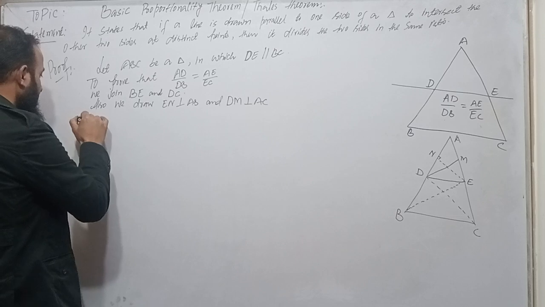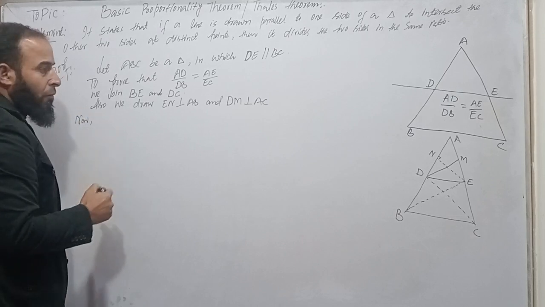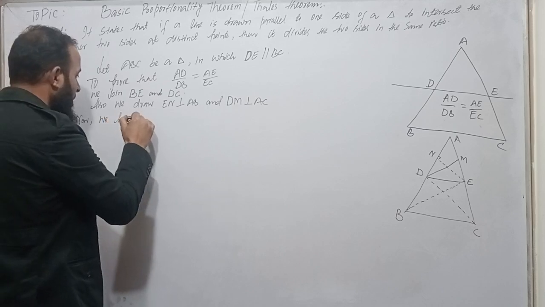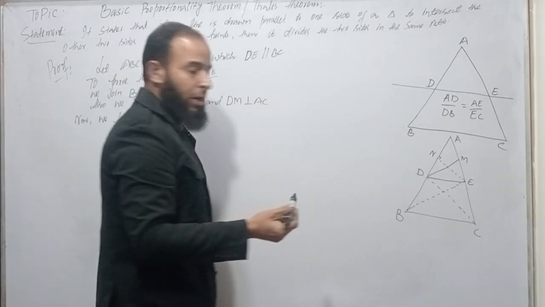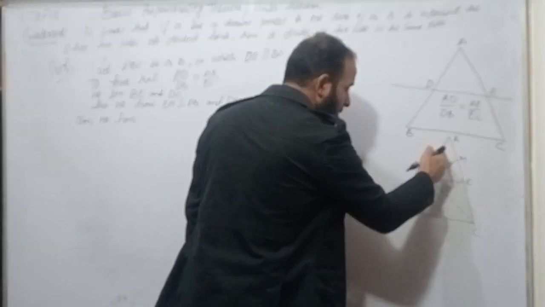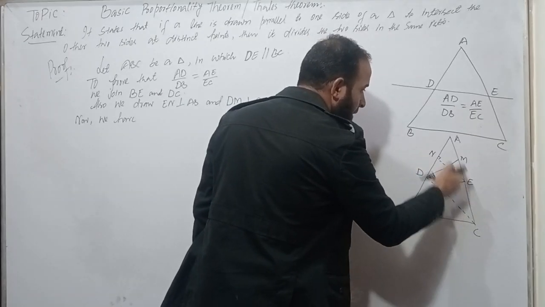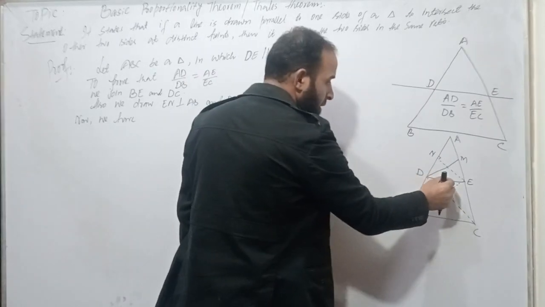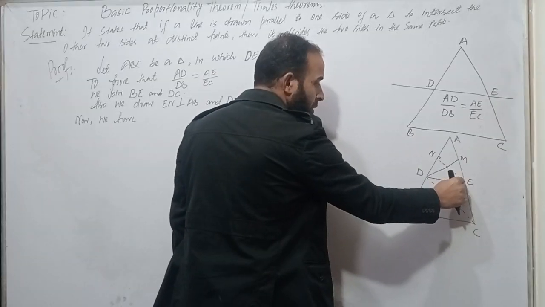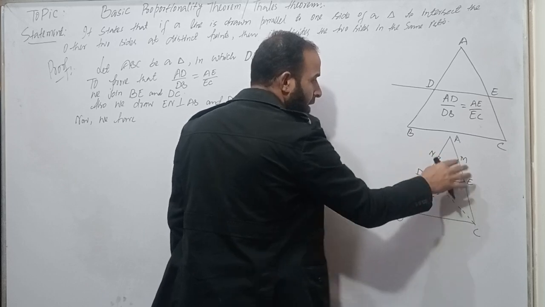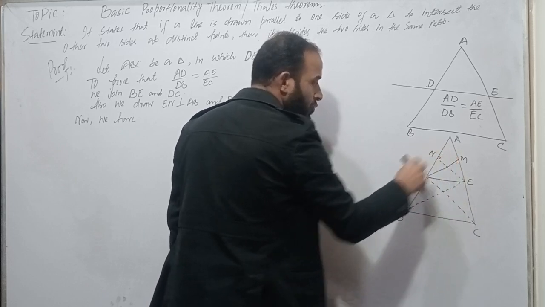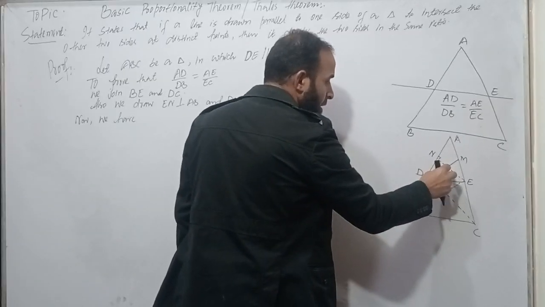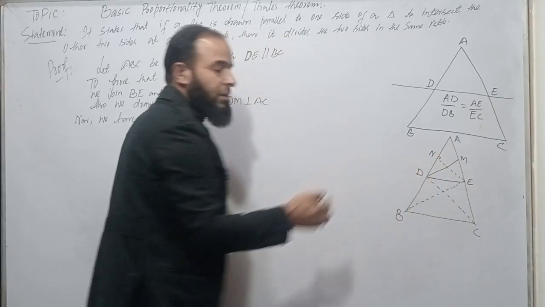Now what will be the area of triangle ADE? Since we have drawn two perpendiculars EN and DM on its two sides, we will take these as heights.